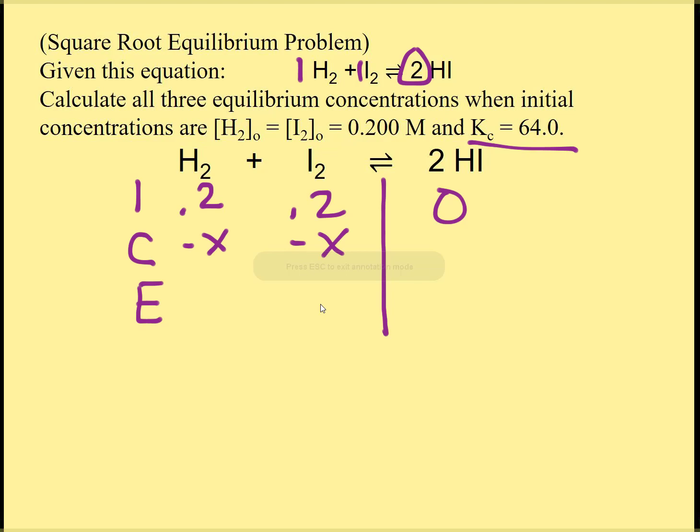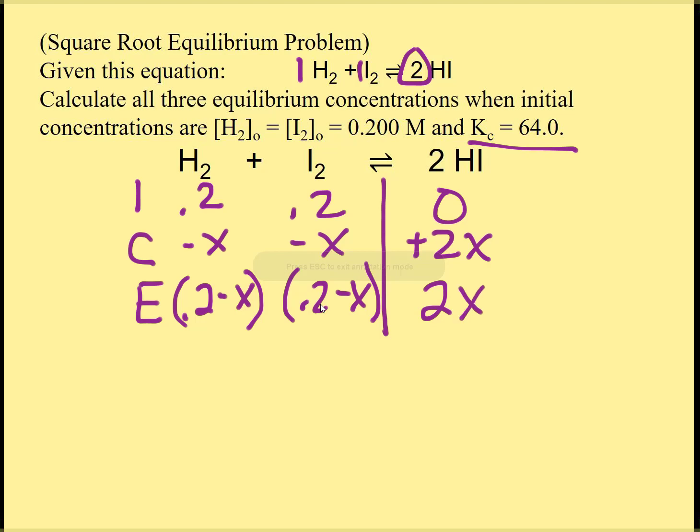So the equilibrium is going to shift that way. And this one will increase by 2x. I don't have any value at equilibrium, so I'm just going to bring them all down. So I have 0.2 minus x is this one, and this guy is 0.2 minus x. And then this one is just 2x.